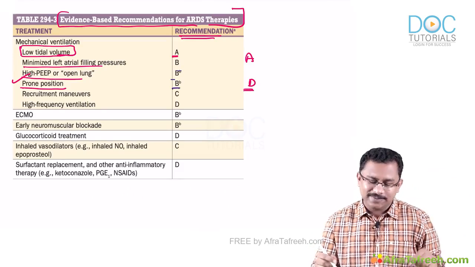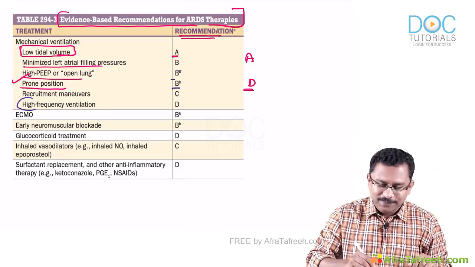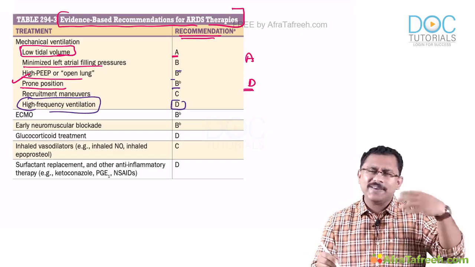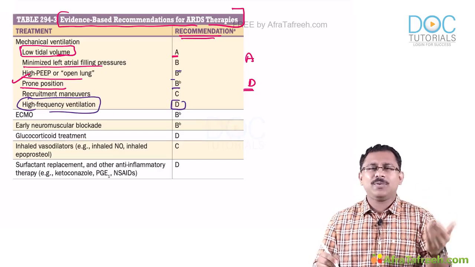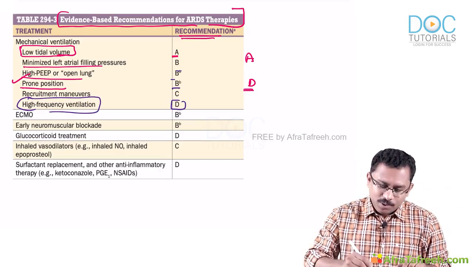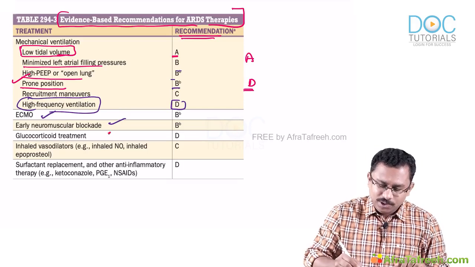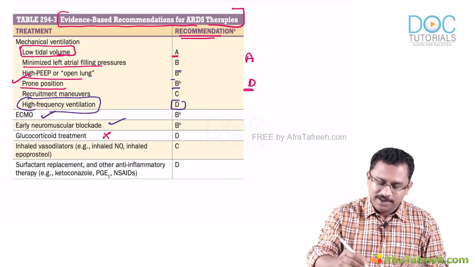A is the best evidence. And you see here high frequency ventilation, it is D, which means it is not of much value. Previously it was said that high frequency may have some benefit, but no. You can go for ECMO, early neuromuscular blockade, and you can see glucocorticoid treatment, not of much benefit.